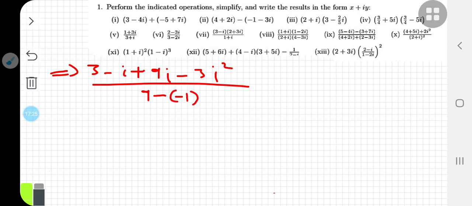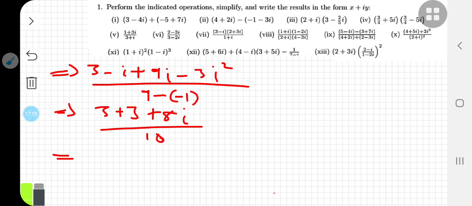From here, we're going to have 3 plus 3, and then 9i minus i, that will just give us plus 8i, over 9 plus 1, that will just give us 10.